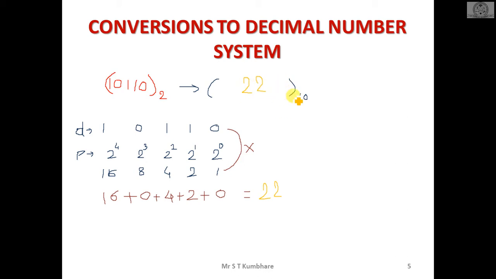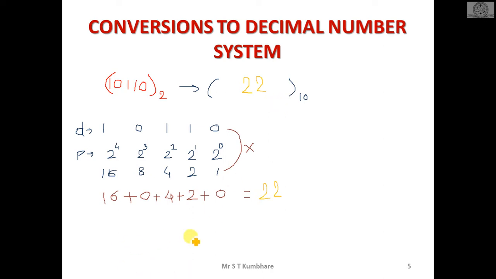What we did, we'll have a recap. First, separate all digits, take a base and put power starting from 0. You can increase and find out its value. You have to multiply digits with the value, and then at the end you have to add, and that will give you the result.